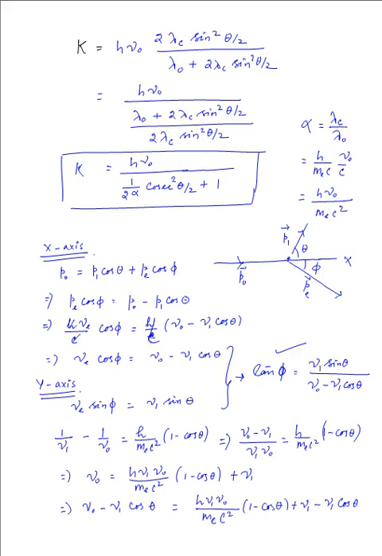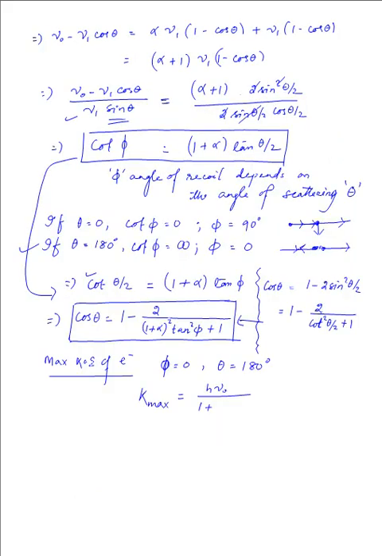So we have 1 plus 1 over 2 alpha plus 1, or 1 plus 1 by 2 alpha. And solving that, we get simply h nu naught. The 2 alpha term comes up, and in the denominator, taking the LCM, we have 1 plus 2 alpha.